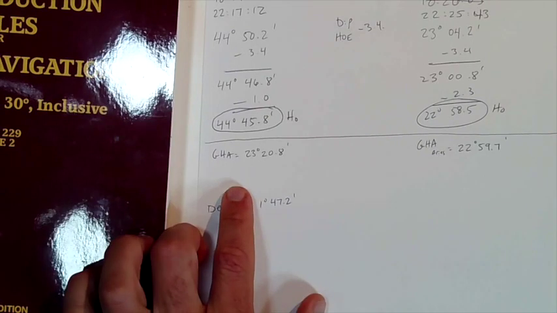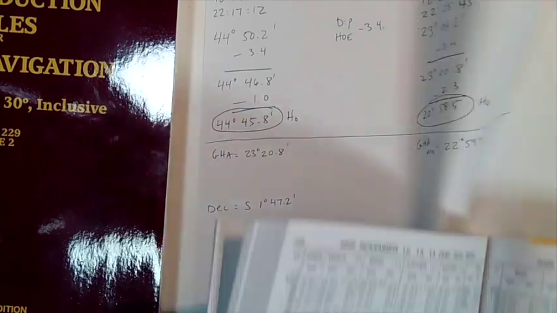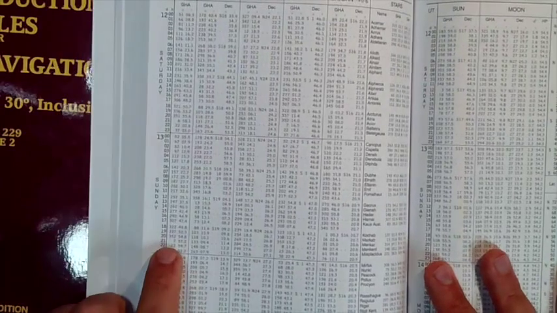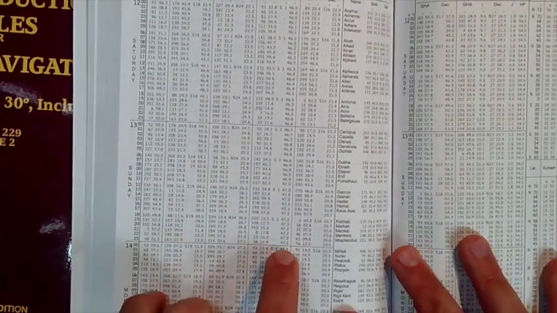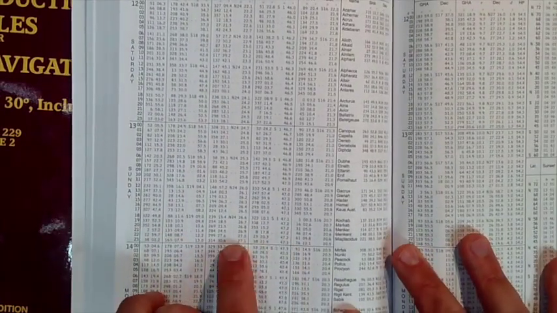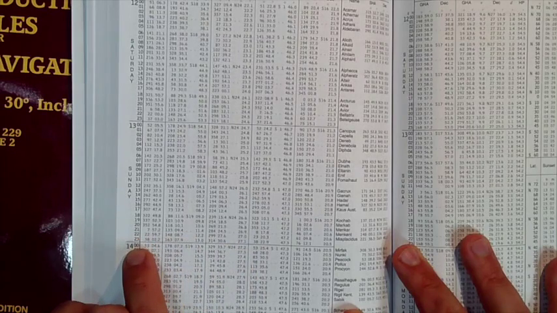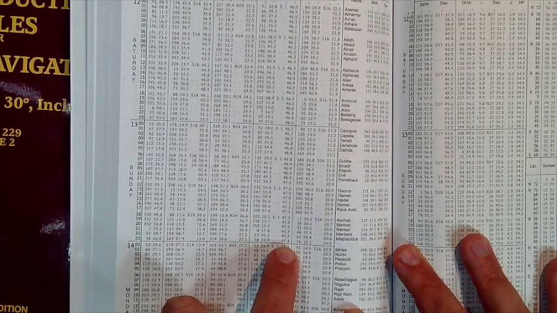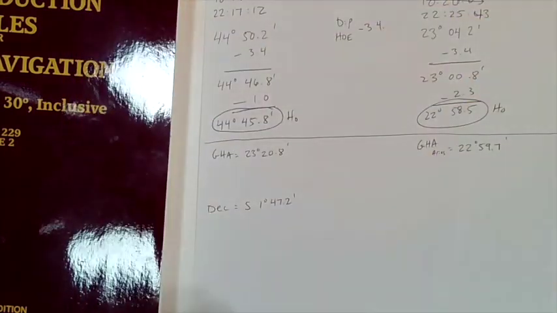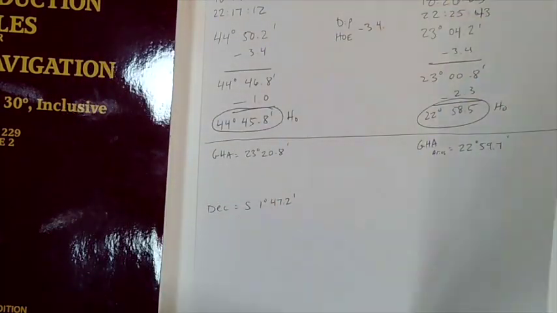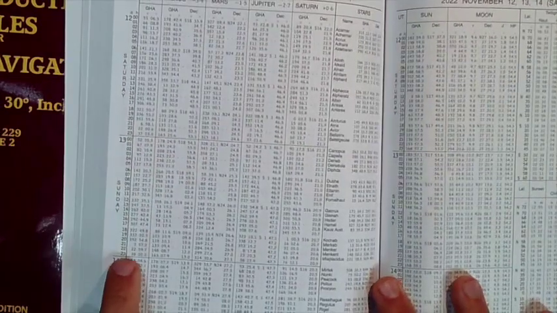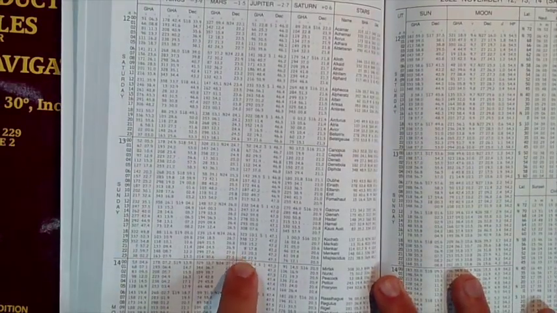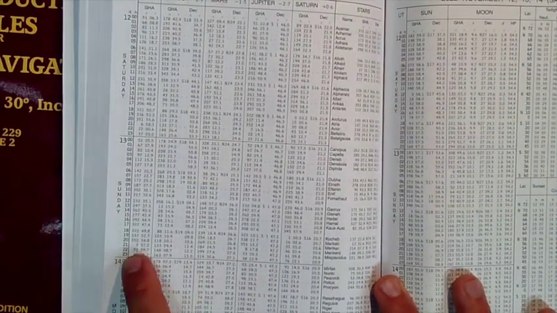Of note, let's look at the declination first. From hour to hour, the declination of Jupiter does not change significantly. So from 2200 to 2300, it changes by decimal 1 minutes there. So we need to make no change to our declination. However, the GHA does change significantly. You can see that's a big change from hour to hour.